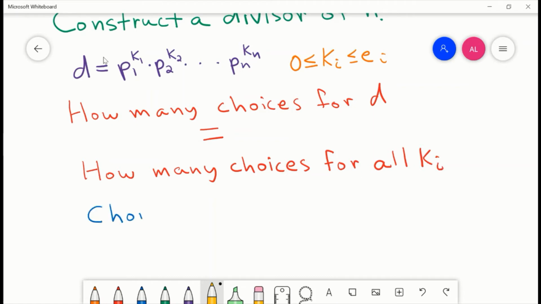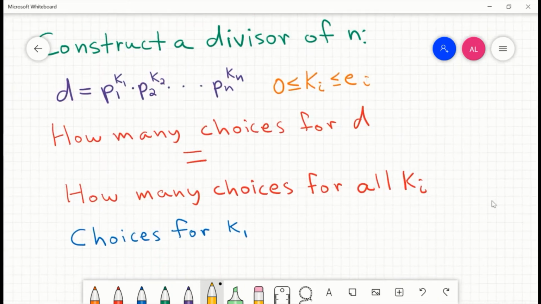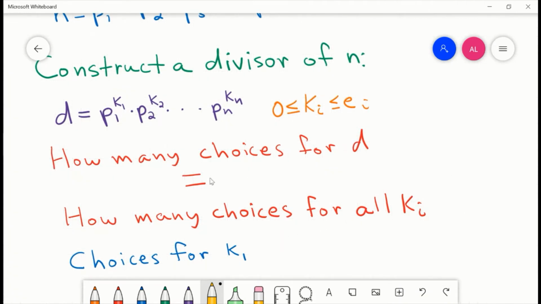What we're going to do is notice, we can find all the choices for each individual k and then multiply all those choices together. Because all of these k's don't have any effect on each other, so we can do that. So how many choices are there for k1? And I just have to note, it may seem obvious, but all the k_i and all the e_i are integers too.